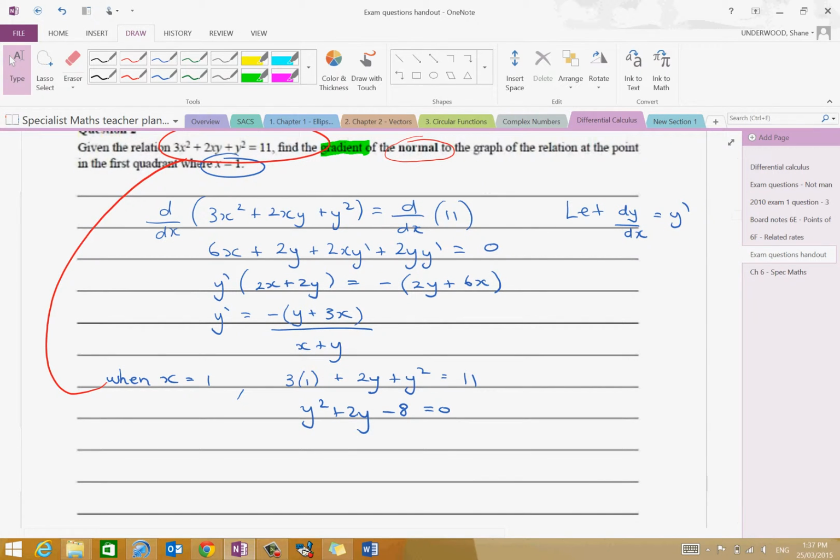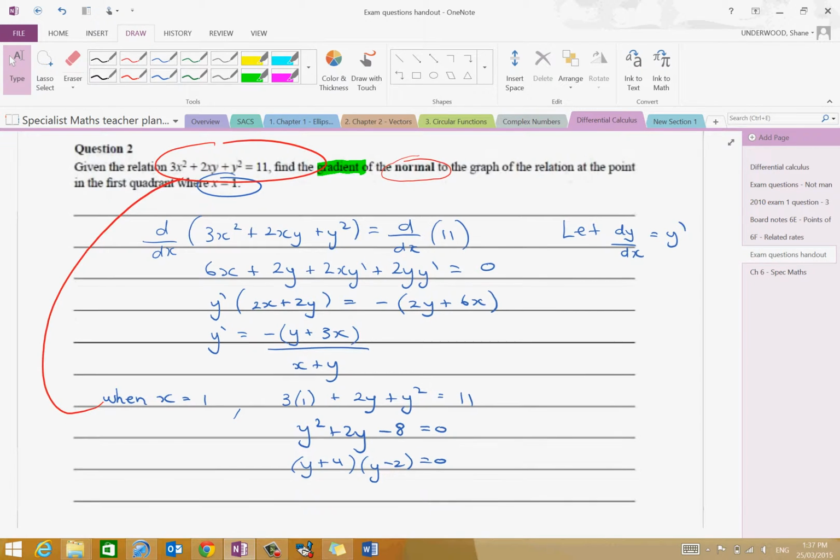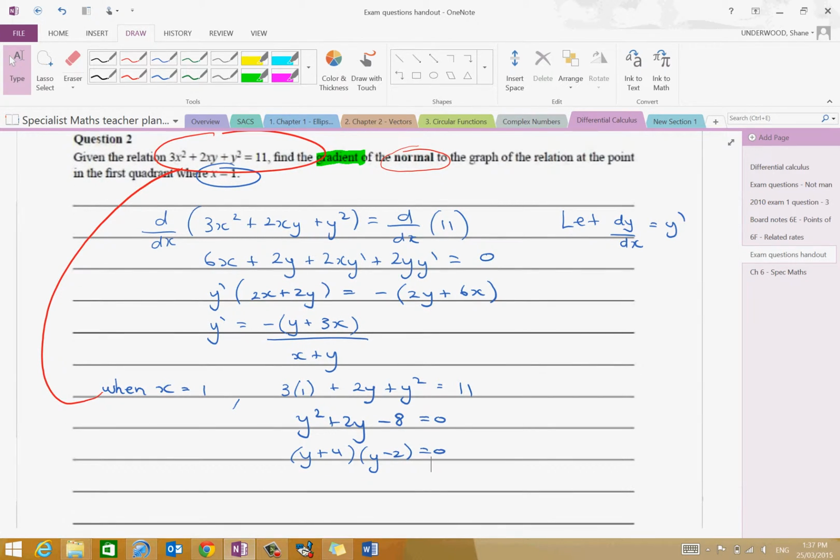And we can just factorise that. Y plus 4, y minus 2 is equal to 0. Which one of these is in the first quadrant? Awesome. So when x equals 1, therefore y is equal to 2, and we can just say first quadrant. If you did that, the examiners are happy that you've taken that into account. So now, it says find the gradient of the normal.